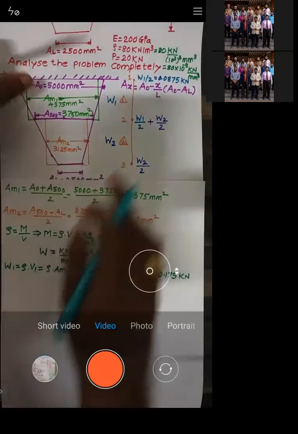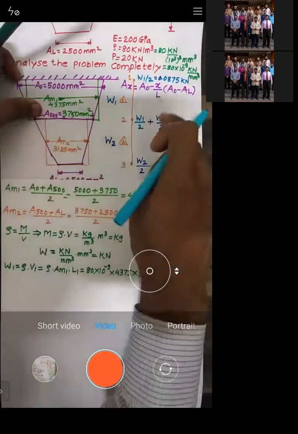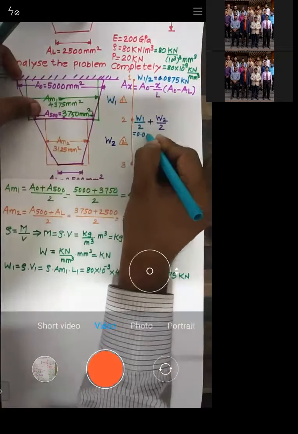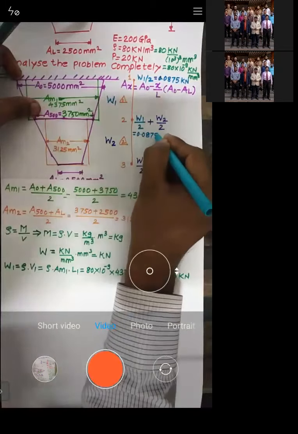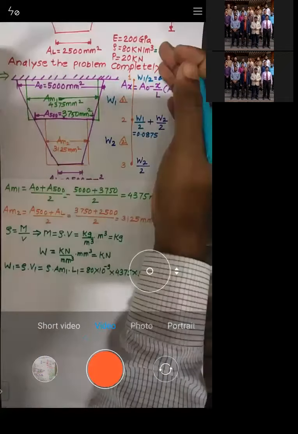So this will go here. See, W1 it was coming as 0.175, so half will go here and half will come here, right? So again, this is 0.0875, right? So this is how it works. Half will go here, half will go here, right?